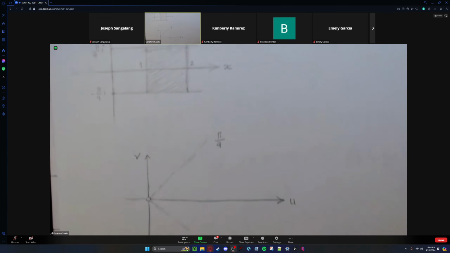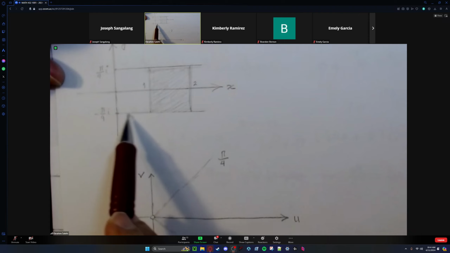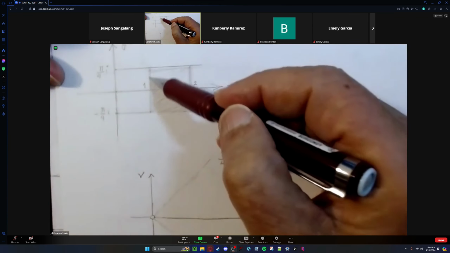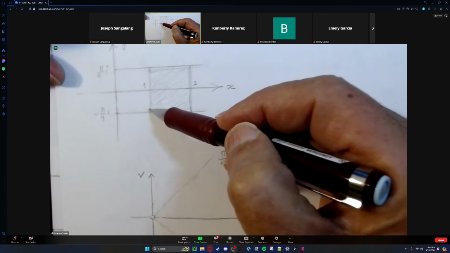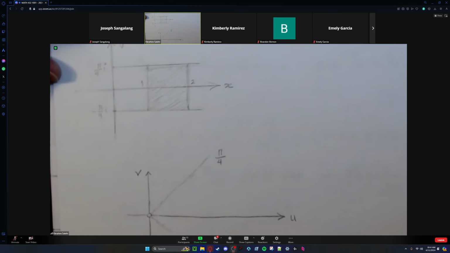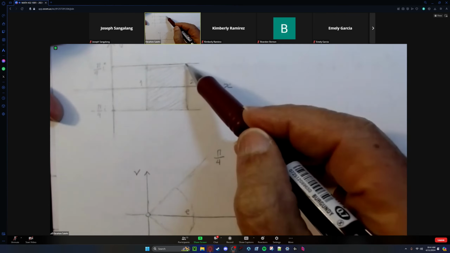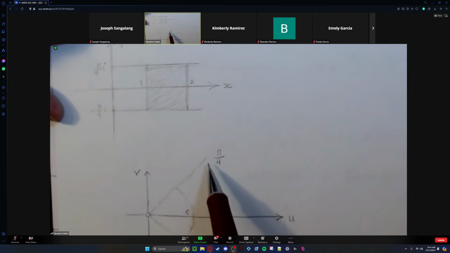Now x equal a goes to the circle e to the a. So in this case, x equal 1 will be a circle of radius e, and x equal 2 will go to e squared.